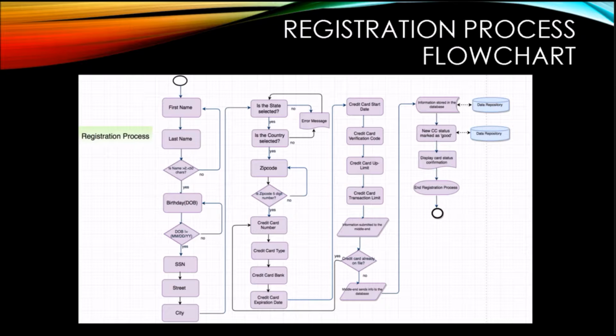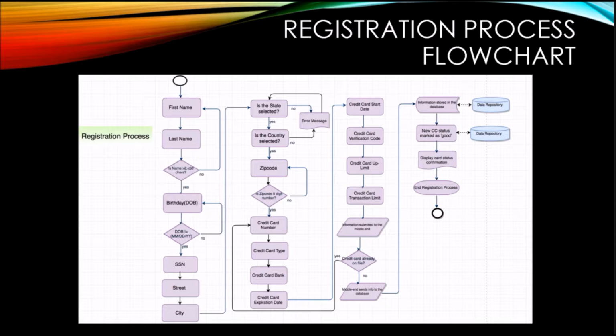Then the user enters credit card number, credit card type, credit card bank, expiration date, and security verification code, which is CVV, and the rest of the documents: credit card upper limit, transaction limit, and all that information is submitted to the middle end. If the credit card is on file, it goes back to the credit card number.